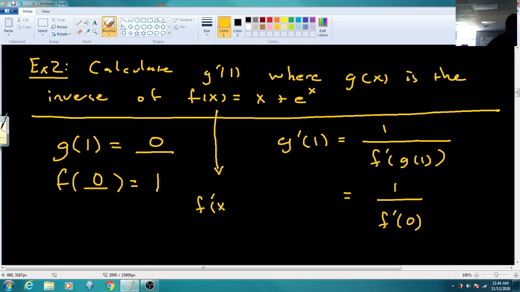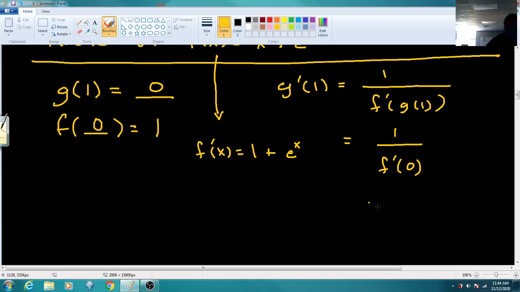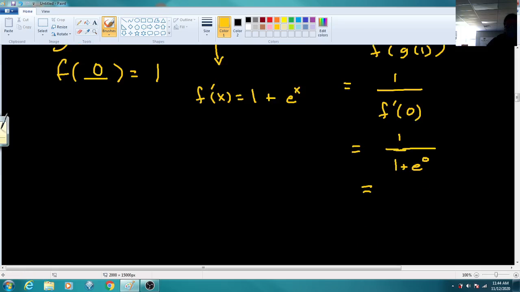So f prime of x, derivative of x is 1 plus the derivative of e to the x, it is its own derivative. So what I get here basically is this will equal 1 over, this right here is f prime. That'll be 1 plus e to the 0. F prime of 0, you just plug 0 in for the x. And this will give us 1 over 1 plus 1, which is 1/2.